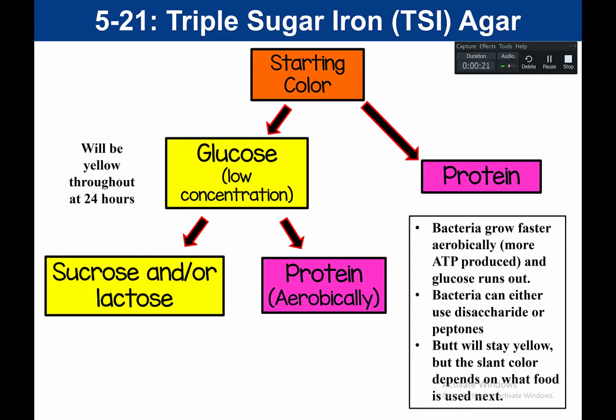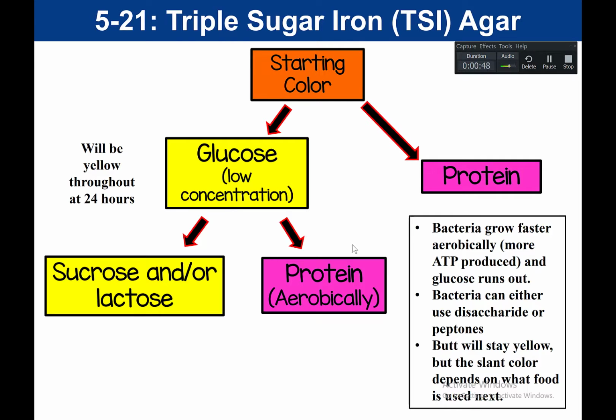And when they run out of glucose, if they cannot use the disaccharide, they will switch to using the protein. So in this case, a glucose-only fermenter, meaning they don't use a disaccharide, will have a yellow butt with a pink slant. That tells you it's a glucose-only fermenter.